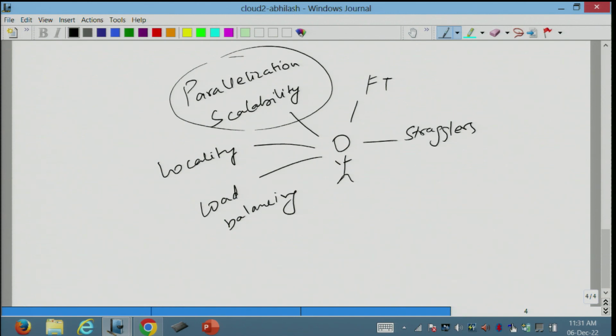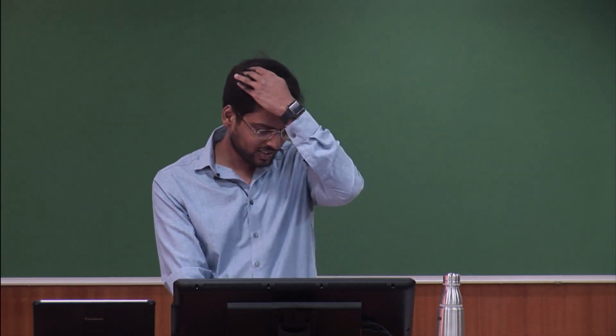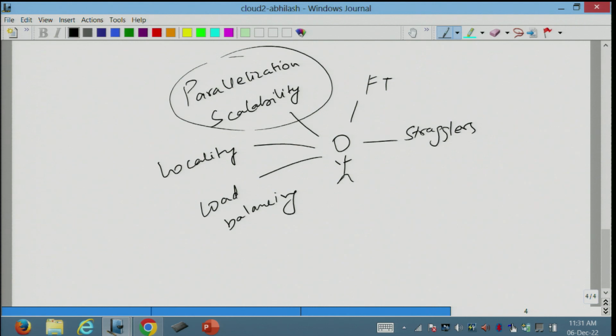Okay, so what is distributed computation about? The idea is to save the poor programmer, because they have their own business problem to solve. Wouldn't it be great if they just write a program and they don't have to worry about any of it? They don't have to worry about stragglers, fault tolerance, load balancing, locality, parallelization.